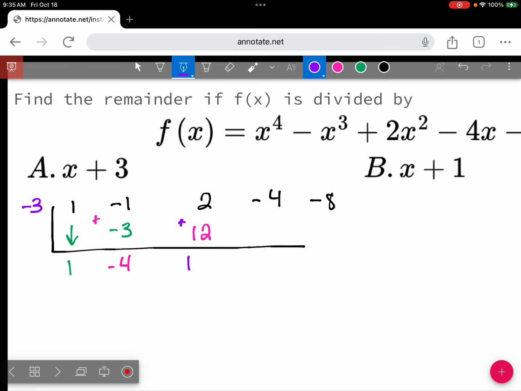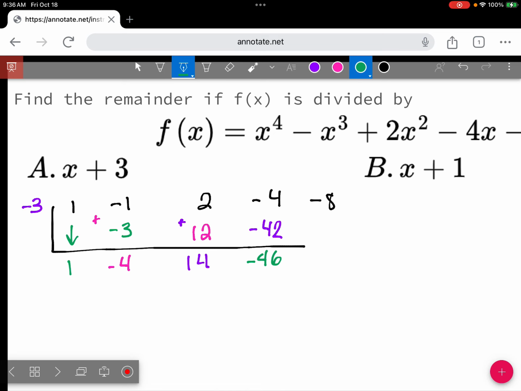Two plus 12 gives me 14. 14 times -3 is -42. So we add them together, and we get -46.